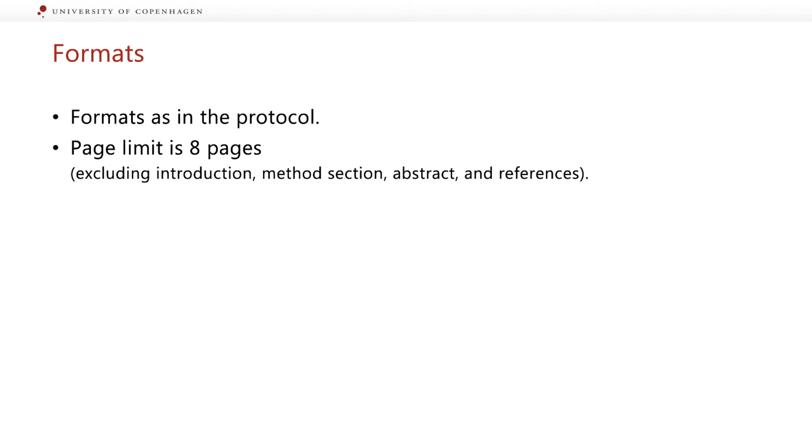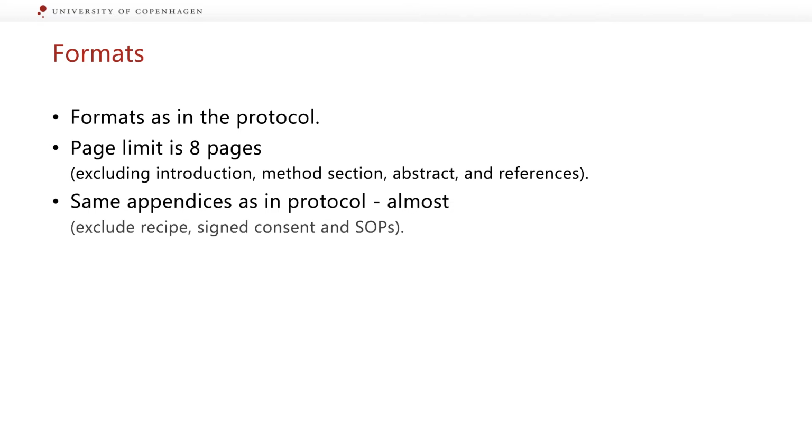Another thing is the appendices. You have to upload almost the same appendices as in the protocol, because there are some appendices that you can exclude, and that is the recipe, because you've already done the food processing, so you don't have to upload that. The signed consent you've already done, that's not to be changed, and the subs, you don't have to upload once more.